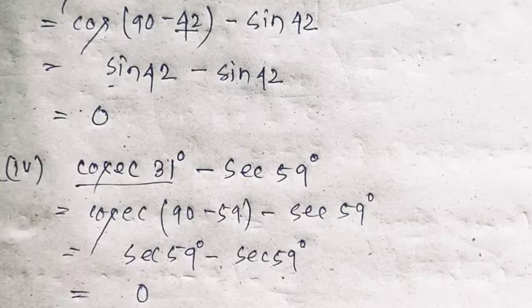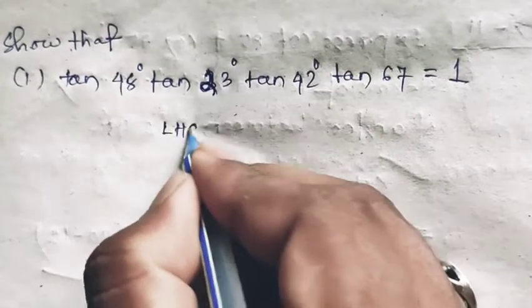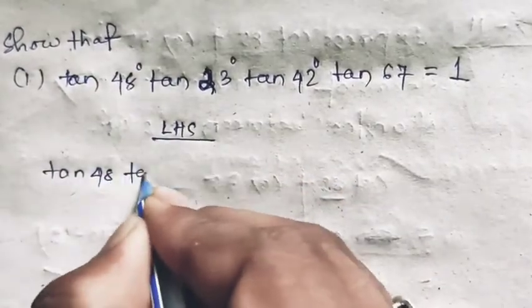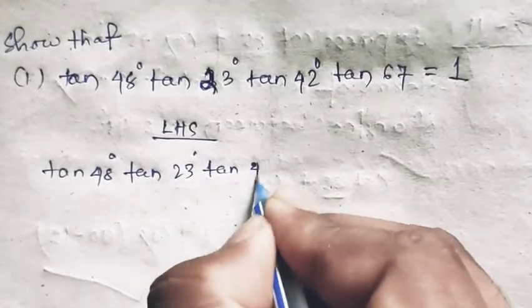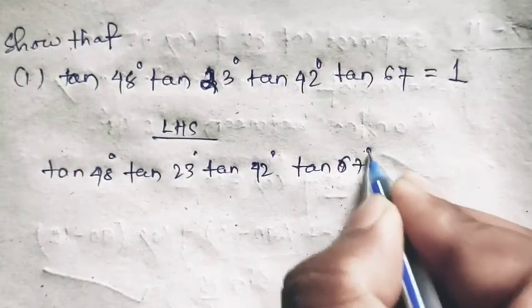Okay, question number 2. The question is given that tan 48 into tan 23 into tan 42 into tan 67 is equal to 1. Taking LHS as tan 48 degree into tan 23 degree into tan 42 degree into tan 67 degree.